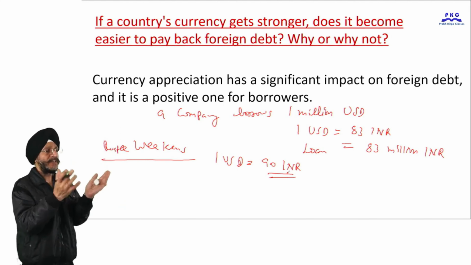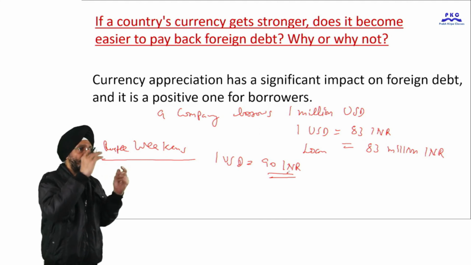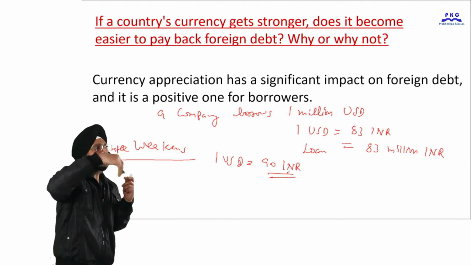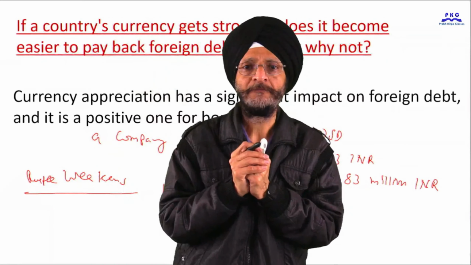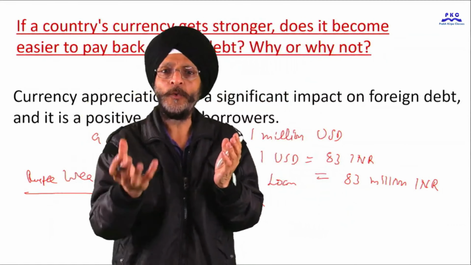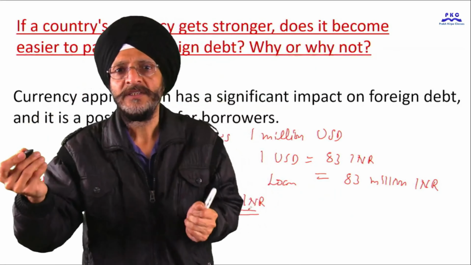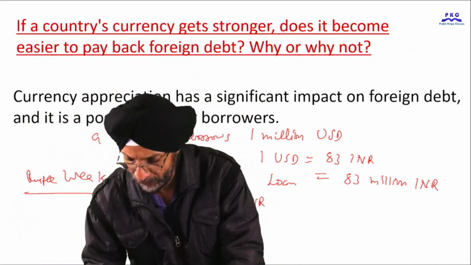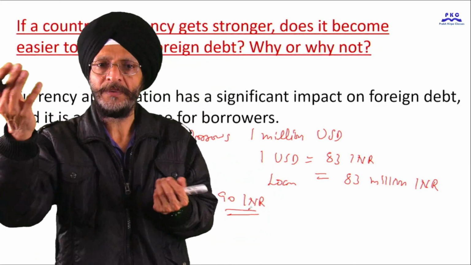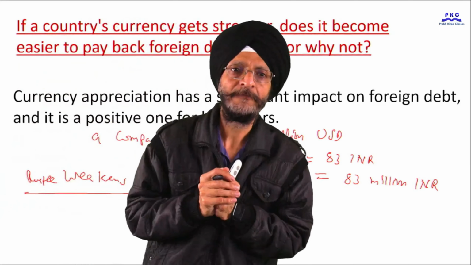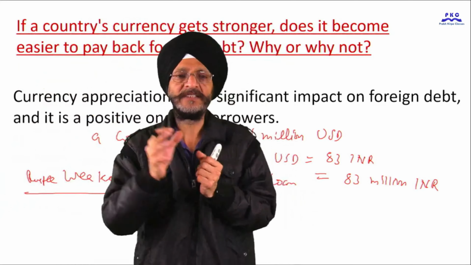So, what is the situation? If the company or government of India wants to pay back the loan, they will have to pay more, because earlier they would likely have paid 83 million Indian rupees plus interest after adjustment or something like that.